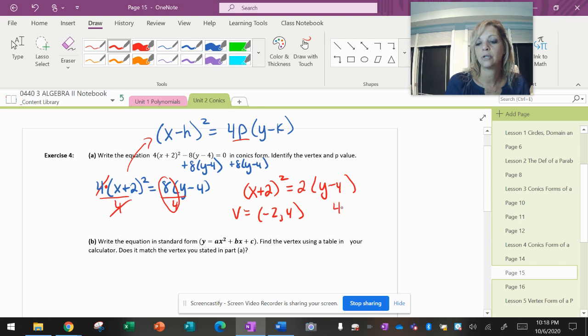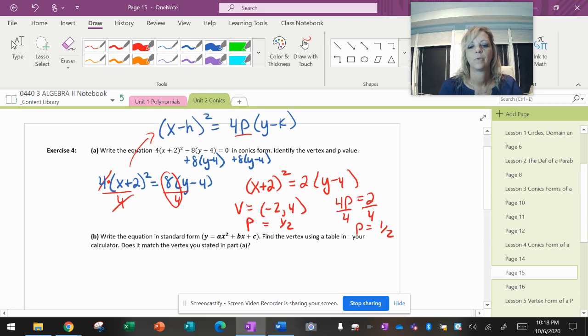So if you're not sure what p is, set 4p equal to 2, because I know whatever is here is the p-value times 4. So I'm going to say 2 is equivalent to 4p, and I'm going to solve for p, so p must equal 1/2. So p is equal to 1/2.